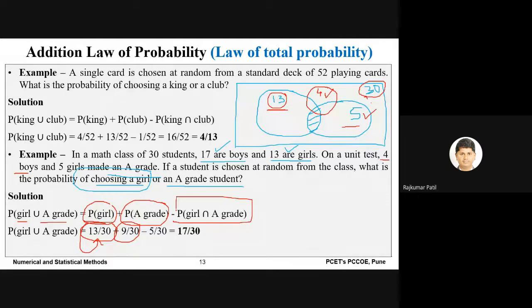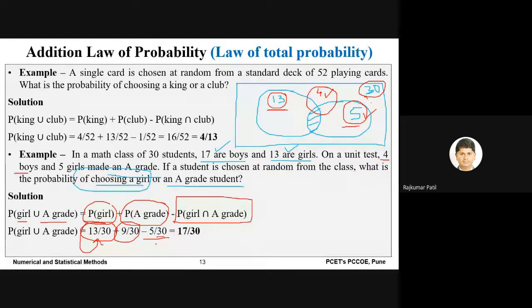In this case, the overlapping area is the randomly picked student is a girl and who received A grade. So 5 by 30. There are 5 girl students who received A grade divided by total outcome 30.